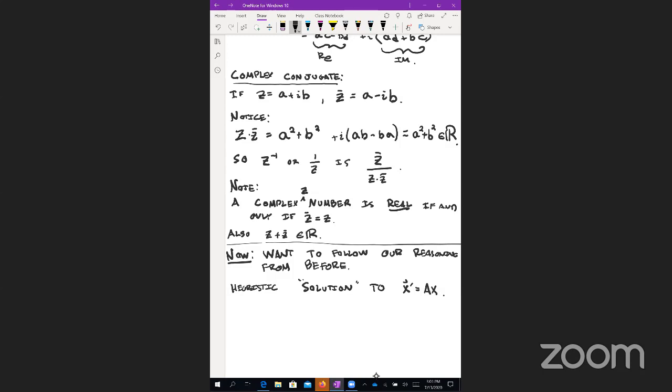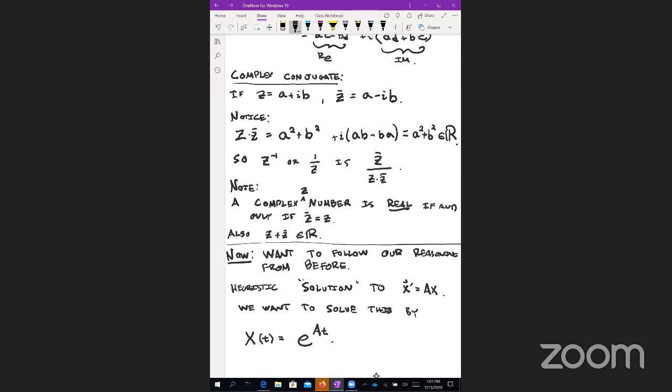So we want to do something stupid. We want to solve this by x of t equals e to the a t. Well, we need a little bit more than that, right? Because, of course, whatever this thing on the right-hand side is, it's probably a matrix.